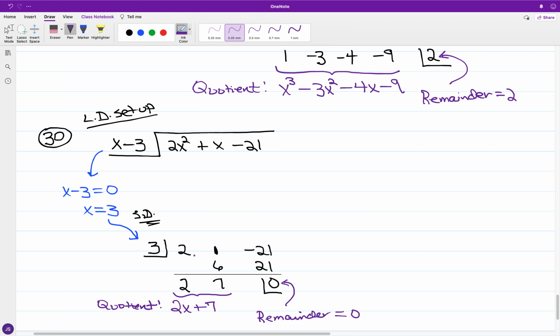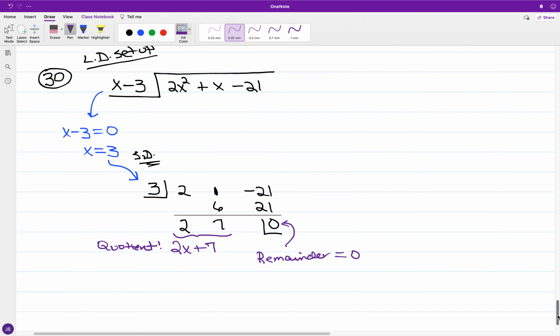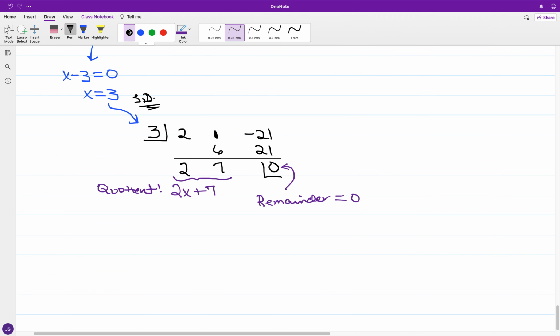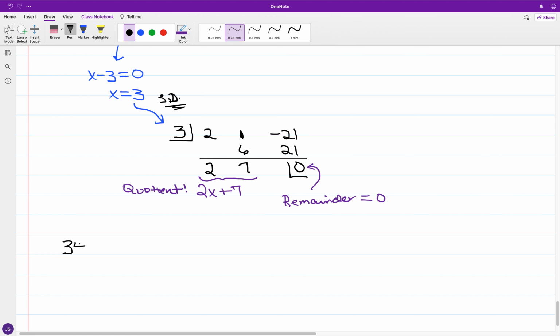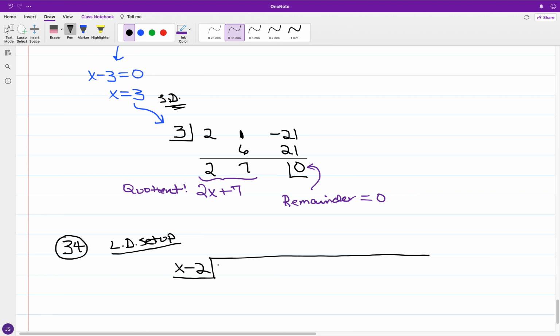again, in number 34, this is another one where we can translate from long to synthetic division. Okay, so we have for the long division setup x minus 2, and we have a 5th order polynomial.